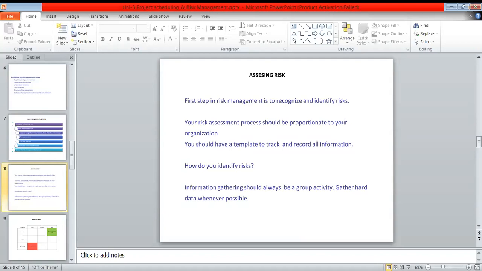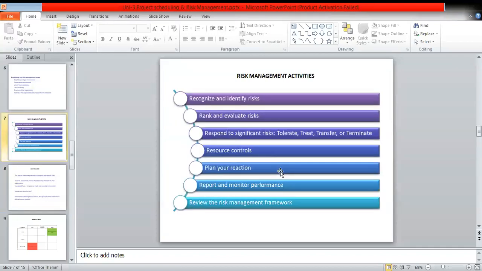PPT is visible to all of you? Yeah. So yesterday we learned some risks, right? That is the activity of risks. Recognize and identify risks, rank and evaluate risks, respond to significant risks: tolerate, transfer, or terminate.